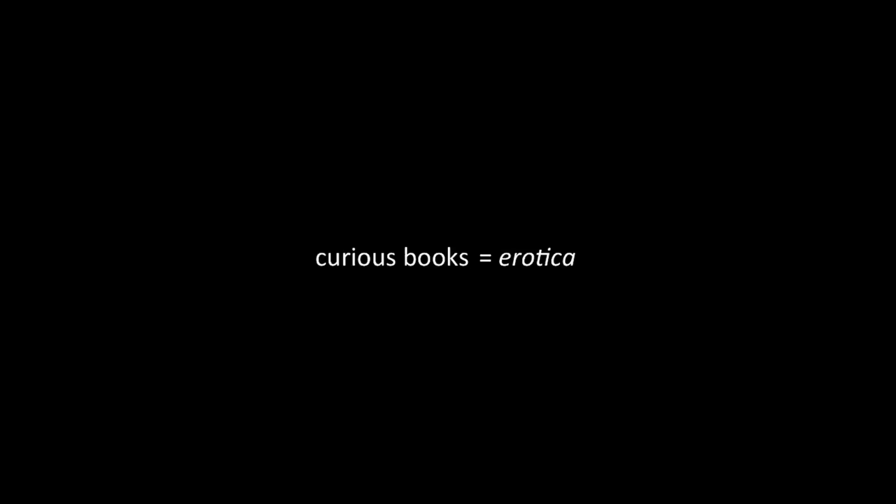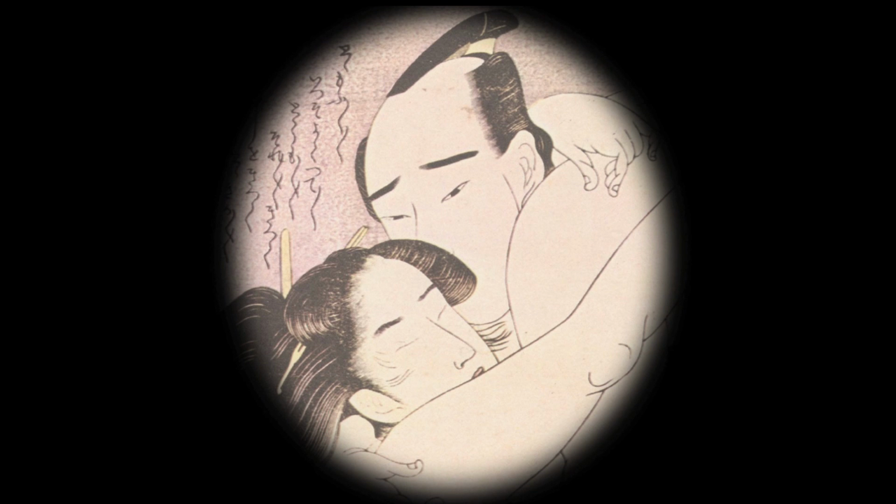And this notion of concupiscence, this notion of lust, persists in 18th century usage, whereby if you look at book catalogs of the 18th century, you often find this category of curious books, which means erotica. So there is this very close connection between curiosity and the erotic, which of course gives us one immediate connection to the shunga of Utamaro.